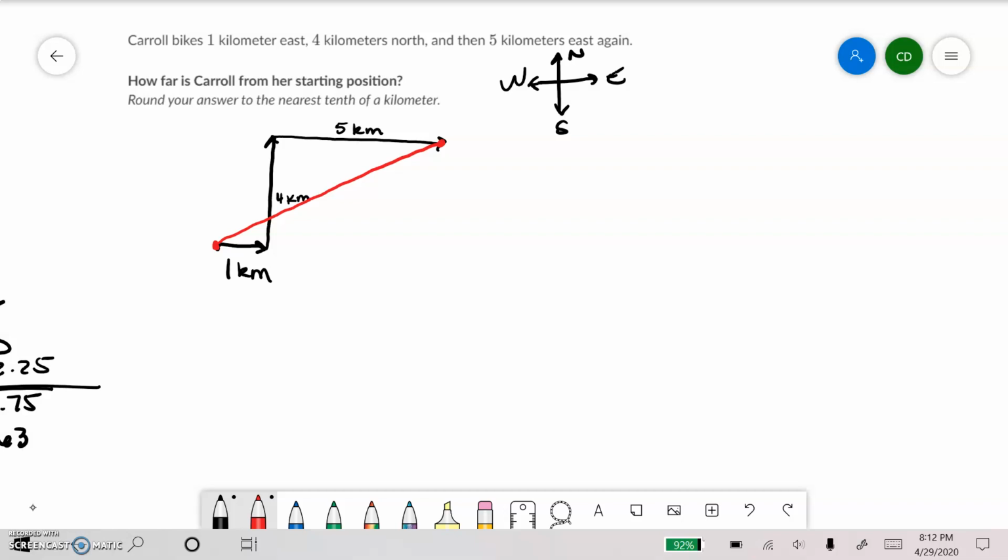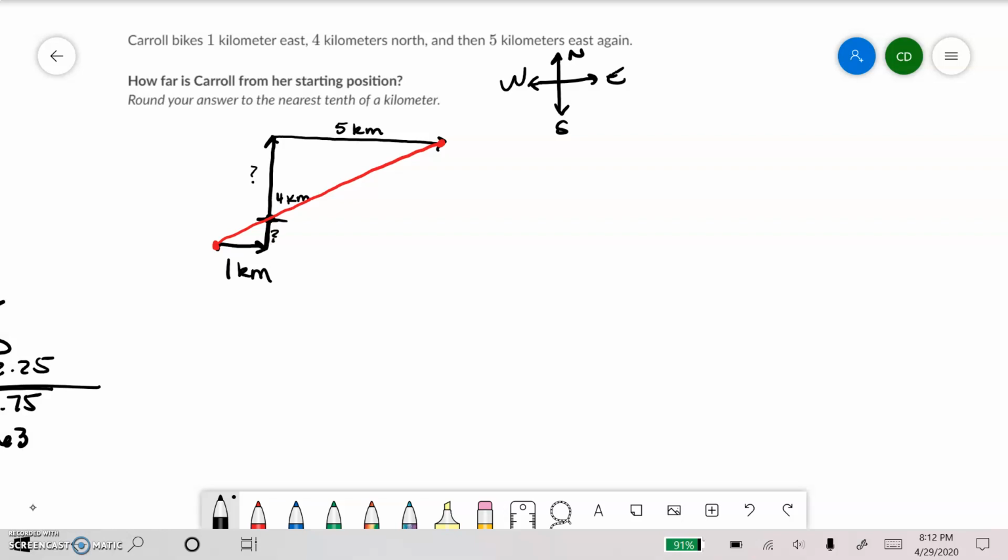So this is how I drew my picture first. And I went, how am I going to figure this out? I could use the Pythagorean theorem because I've got a couple of tiny little right triangles, like this little guy down here and the big guy up there, but I'd need to know where this cuts off, because I need to know the height of this triangle and the height of the other triangle.